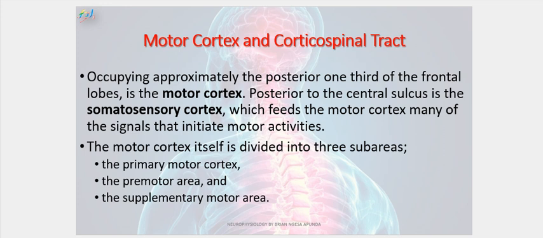So posterior to the central sulcus, you'll find the somatosensory cortex, which feeds the motor cortex with many signals to initiate the motor activity. So just like we said in our basic introduction of the central nervous system, the motor wing normally acts to reply to the signals that reach the somatosensory area.